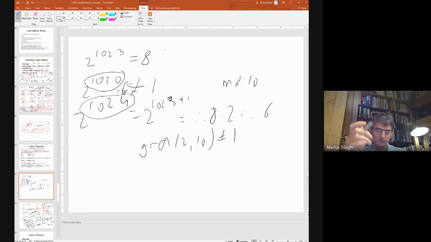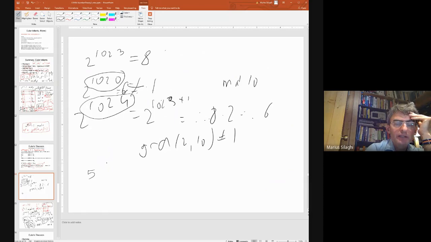So let's take another case. How much is 5 to the power 2021 mod 15?